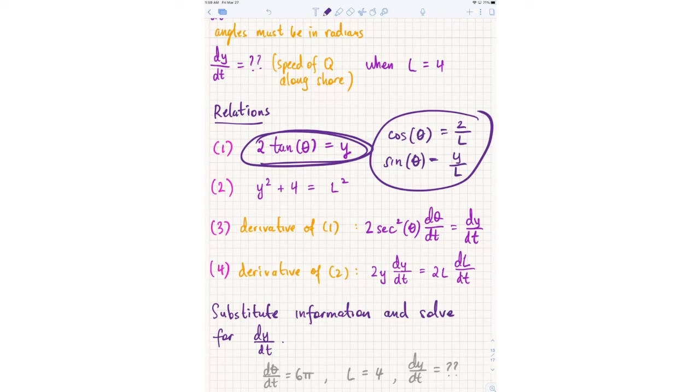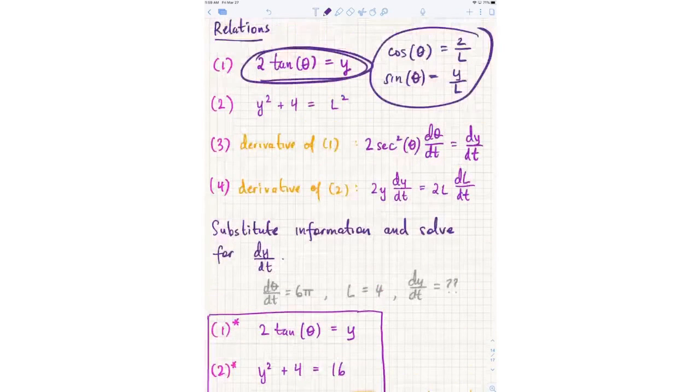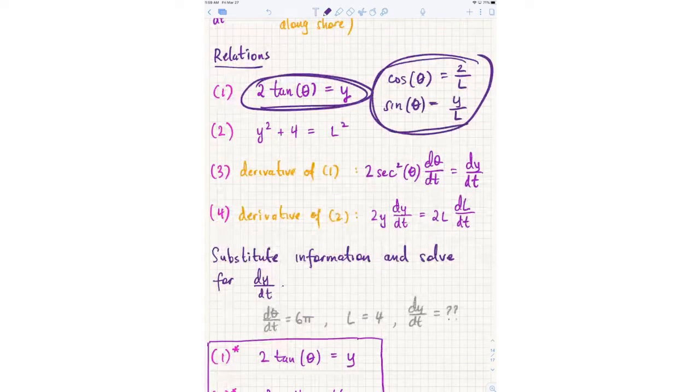So if I want dy/dt, I need to find dL/dt, and I would have to solve this fourth equation. Notice how being judicious and including as few variables as possible in each equation, only theta and y here, not theta and L, or all three at once, cut down on a lot of work.